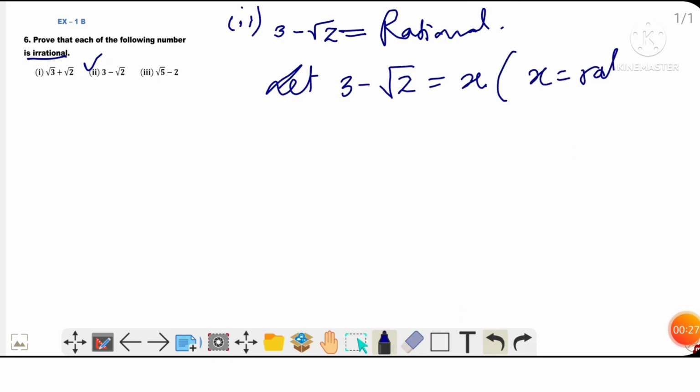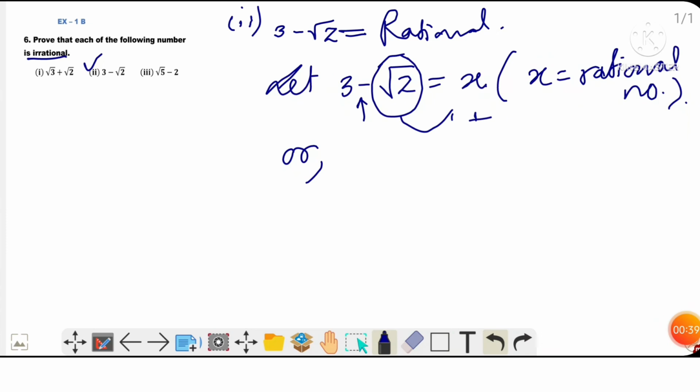Suppose x is a rational number. Now, we have to keep only the root on one side and the numbers on the other side. So root 2 will move to the right hand side. Since it is negative, it will become positive, and we'll take x on the left hand side. So it will be 3 minus x equals root 2.